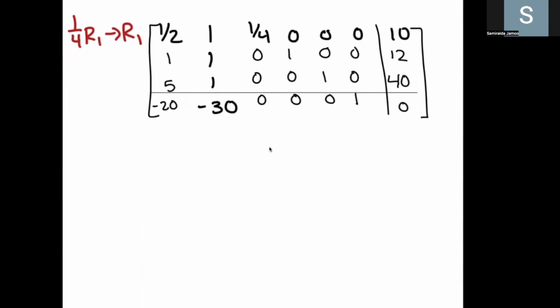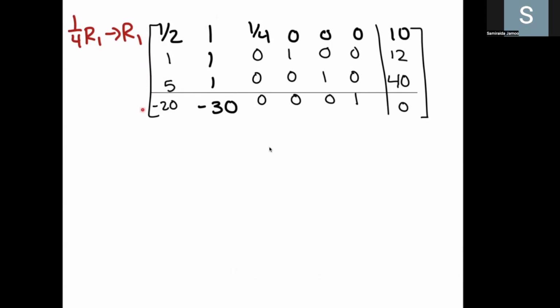Now I want to turn all these other elements into zeros. So multiply the first row by -1 added here. Multiply that first row by -1 added here.